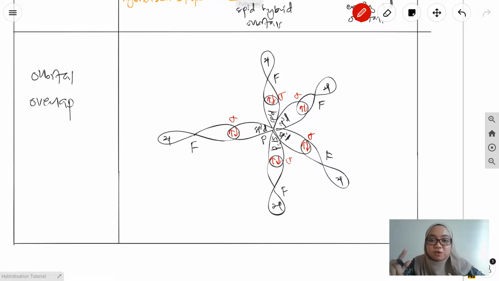And the molecular geometry is trigonal bipyramidal with the bond angle of 90 degree and 120 degree. A complete answer, full mark. Each level, full mark. Okay, so this is how you answer this question. Alright. Okay, next.